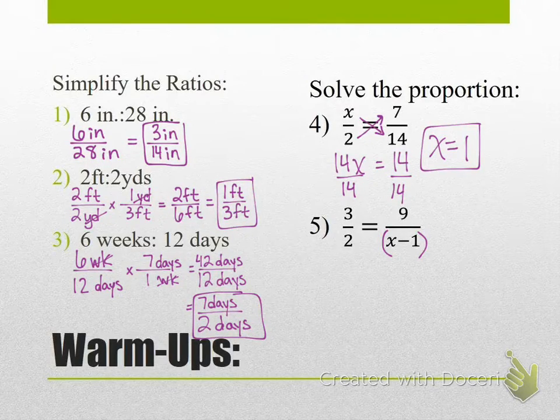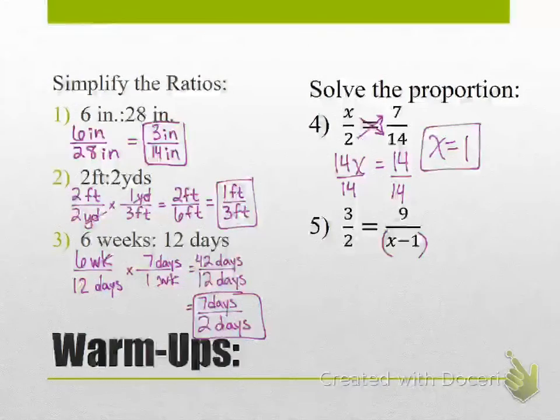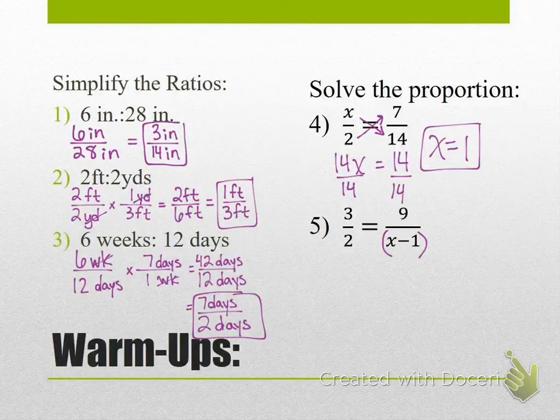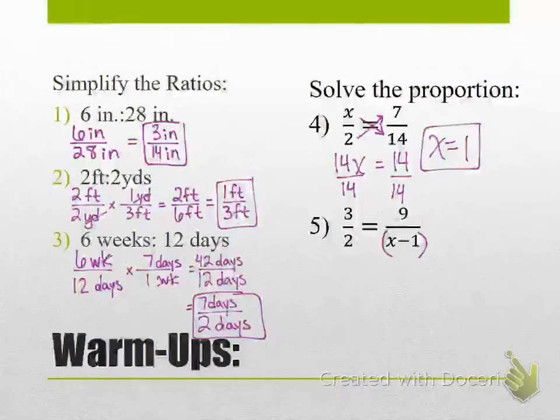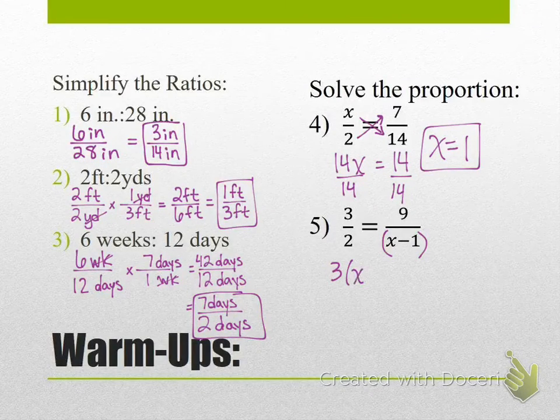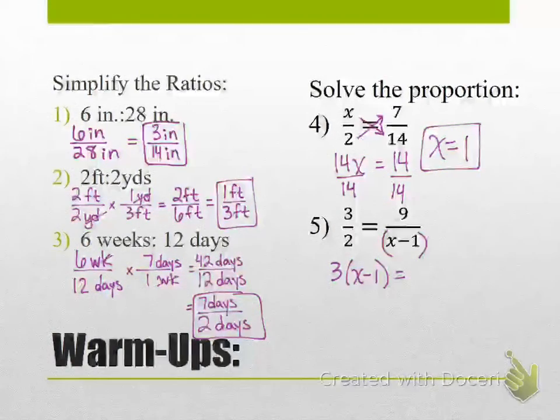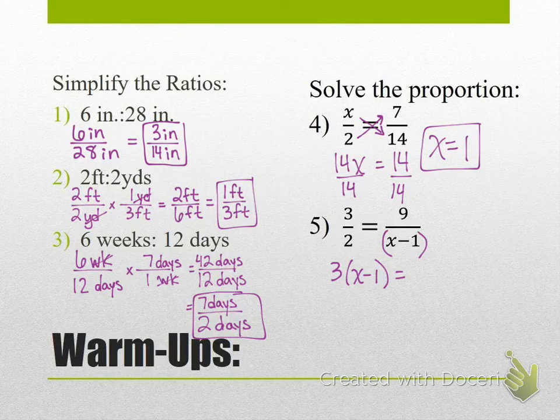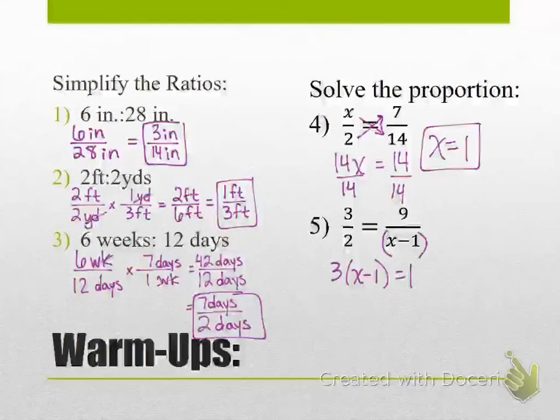So when we take one of our cross products, we're taking 3 times x minus 1. So we're taking 3 parentheses x minus 1. You got to multiply it to the whole denominator. What's my other cross product? 9 times 2, which is 18.